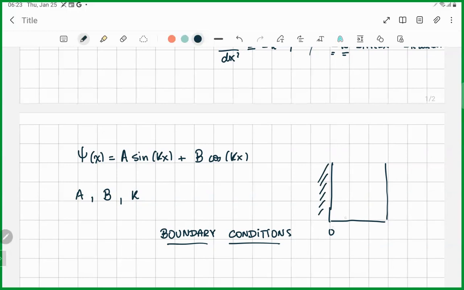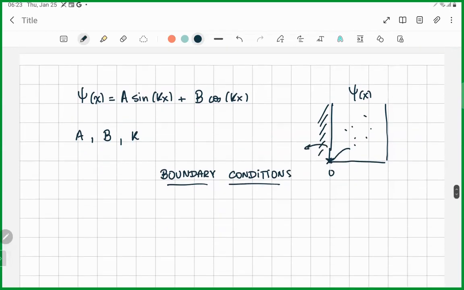So if the particle cannot be found from 0 to below, well, we have a wave function describing the particle inside this well, but whatever shape it has, it has to become 0 at this point, because beyond this point, the particle cannot be found. Okay, so this is one of the boundary conditions.